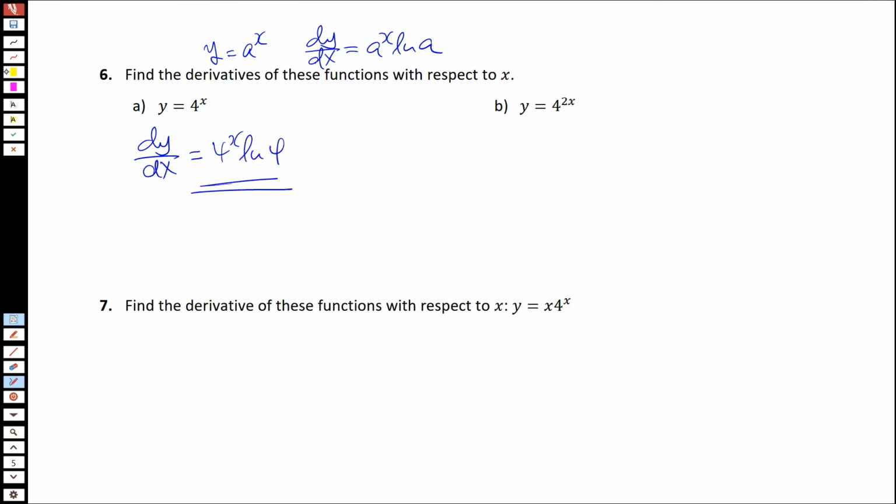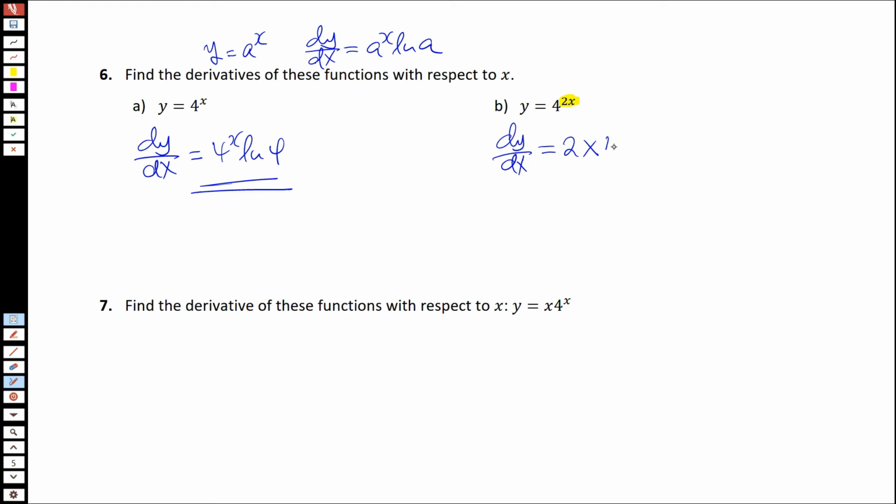And that's it. For part 2, we have to apply chain rule. So what's inside is 2x. So derivative of 2x will be 2. And then we just apply this rule here. So dy over dx will be equal to a to the power x.